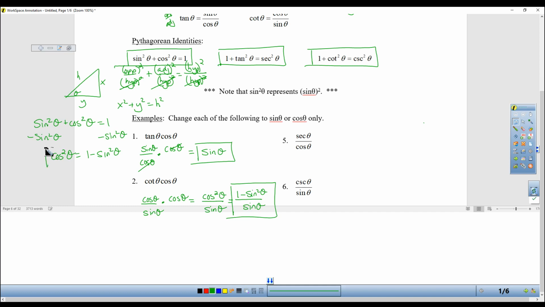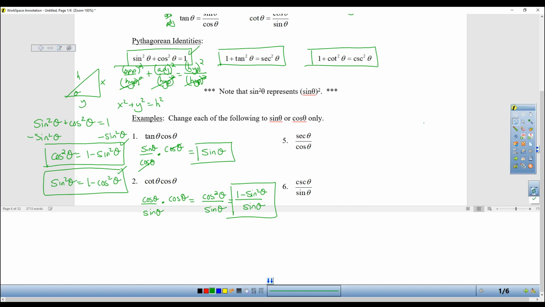Some people like to write all the different forms in their appendix. You could do that. In this case, the third one would be that sine squared is equal to 1 minus cosine squared. You could put all three of these together so that you know all their different forms. Number 5, secant.